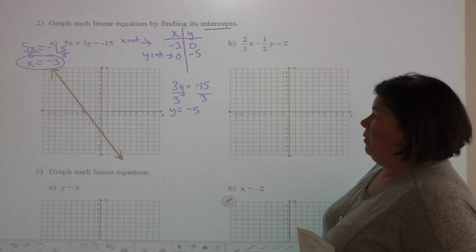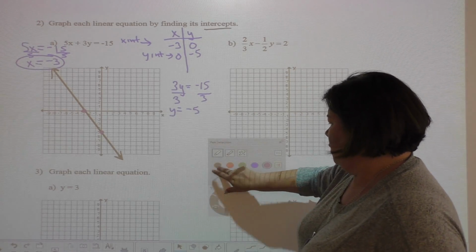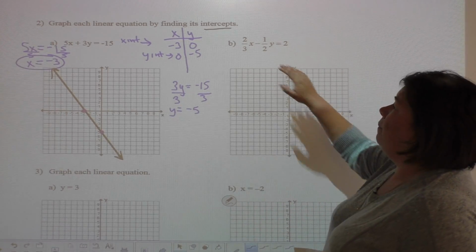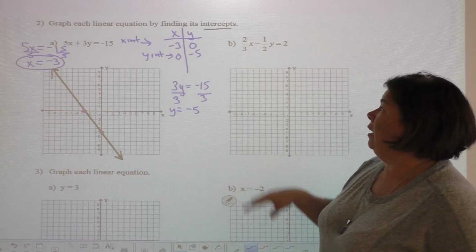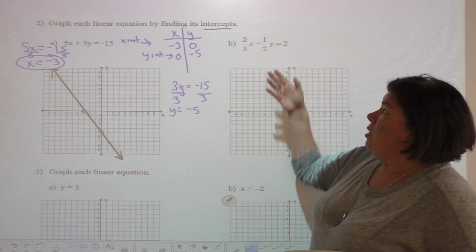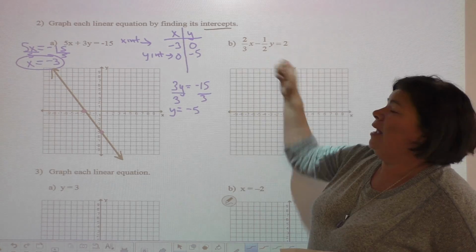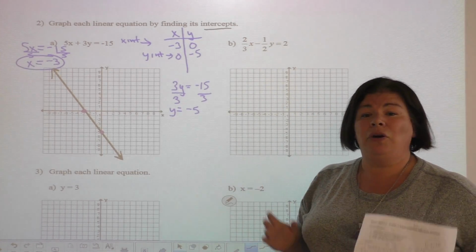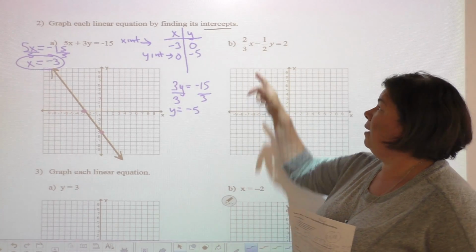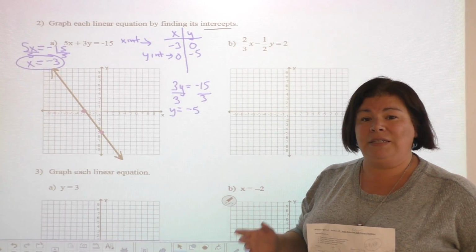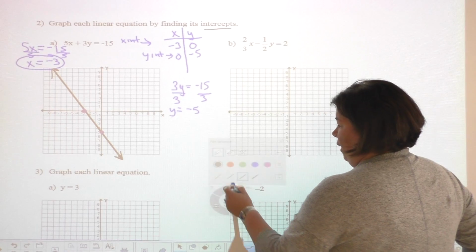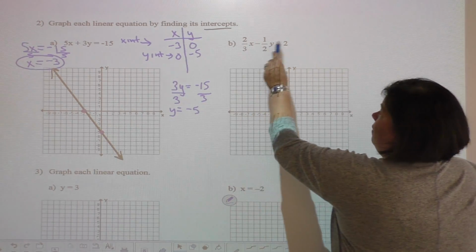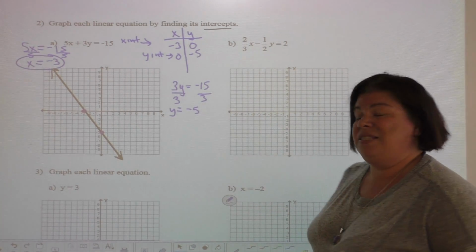All right, let's look at B. So with B, this looks very messy. We have fractions. So instead of worrying about, oh my God, do I have to multiply by 3 or multiply by 2, we can totally get rid of the fractions by multiplying the whole entire equation by the least common denominator, LCD. So of the entire equation, the LCD is 6.